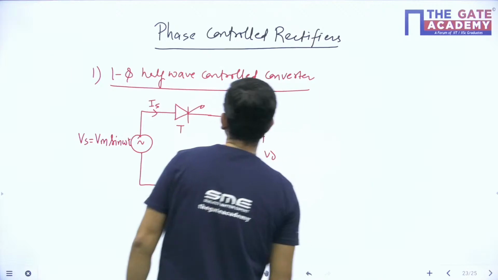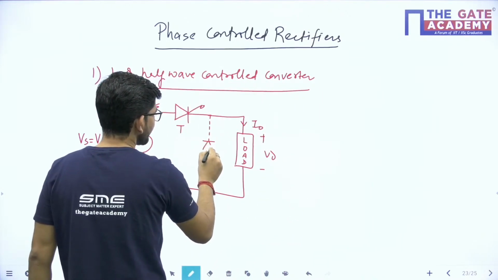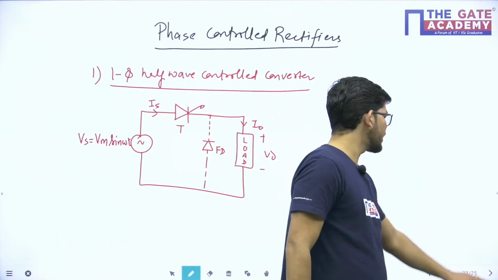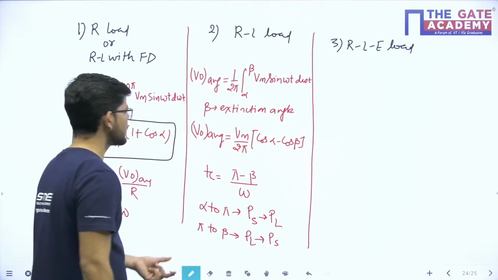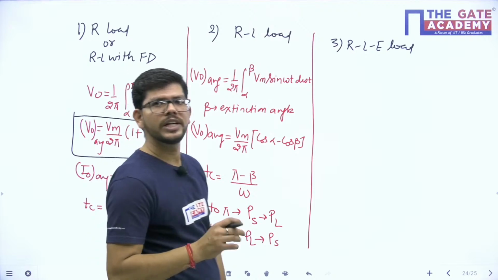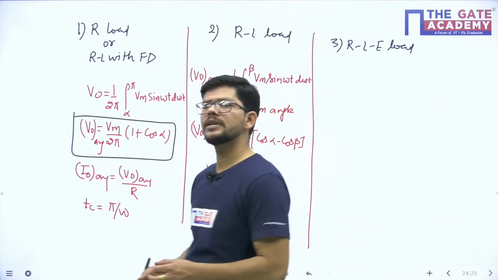In this circuit, we will have a freewheeling diode which is optional. If we have RL load, then we will connect this freewheeling diode in the circuit, so that the negative spike of the voltage will be removed and the power will be transferred completely to the load only.